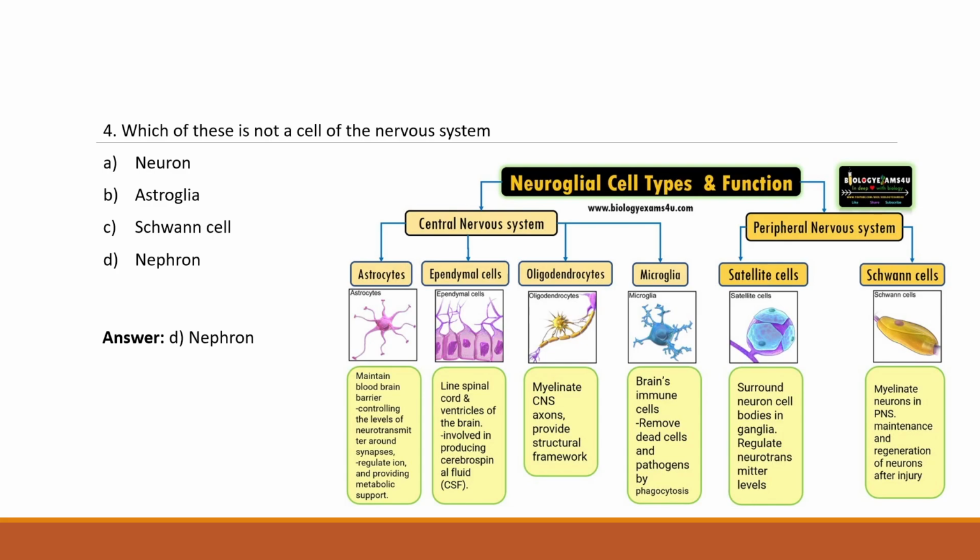Next come the Schwann cells. Schwann cells also myelinate neurons in the peripheral nervous system, and they help in maintenance and regeneration of neurons after injury. Just as you have pro-inflammatory and anti-inflammatory cells, in macrophages also you have M1 and M2 types.